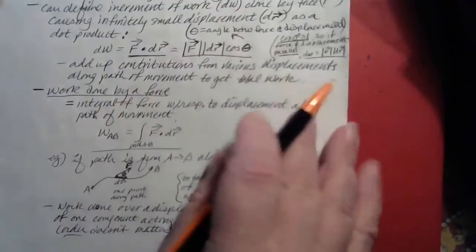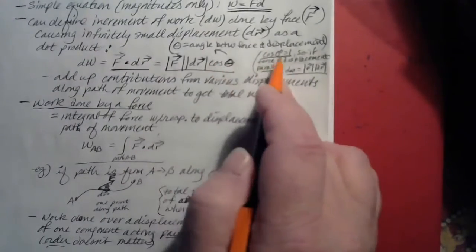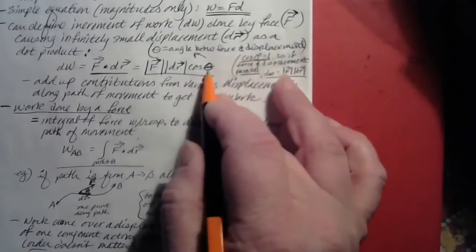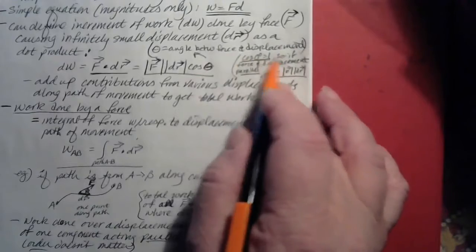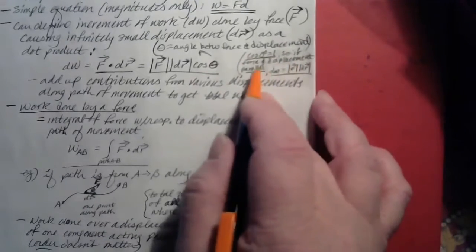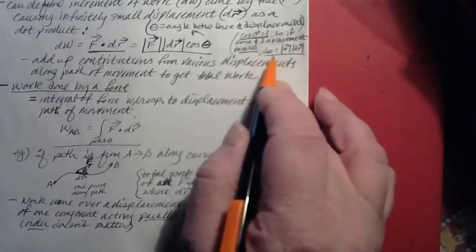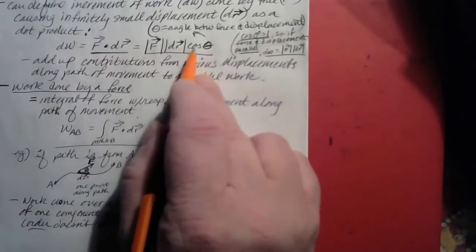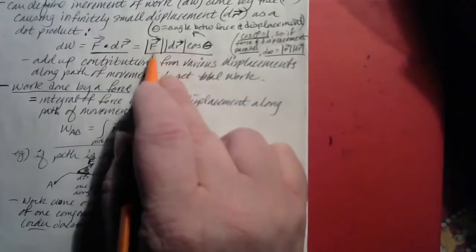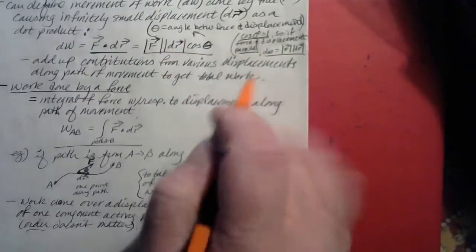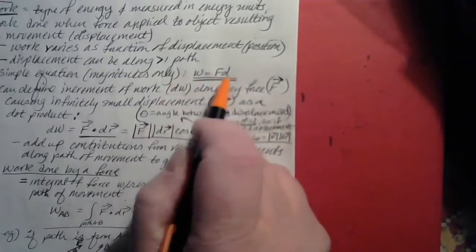In that case the angle would be 0, and the cosine of 0 is 1. So if the force and the displacement are parallel to each other, then dW is just the magnitude of the force times the magnitude of the displacement, which is just another way of saying W equals FD.